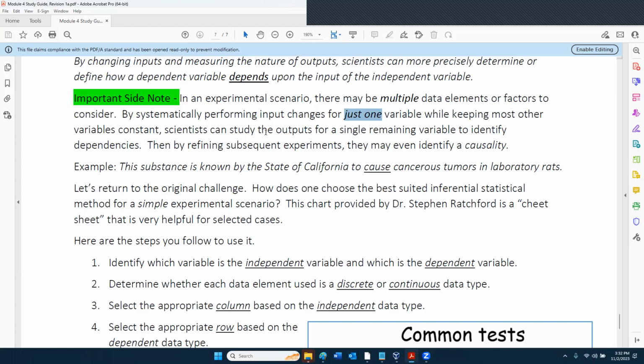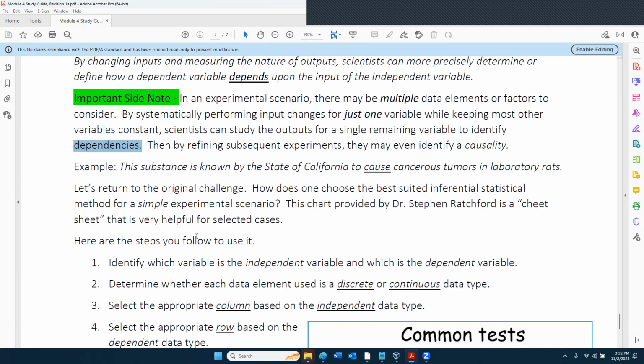Now, when scientists study what happens with the dependent variables, they'll notice that one or more of the other data elements will start to change. And that's where the magic happens. There could be no changes in some of the other variables, but profound changes in one or more, and that's where they start to identify dependencies.